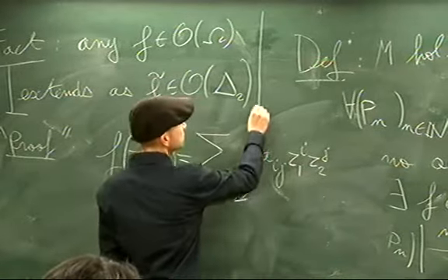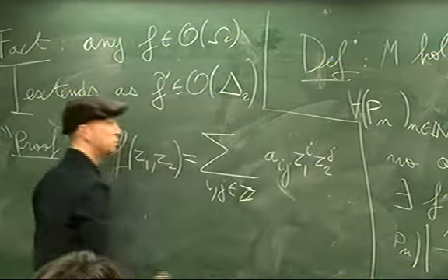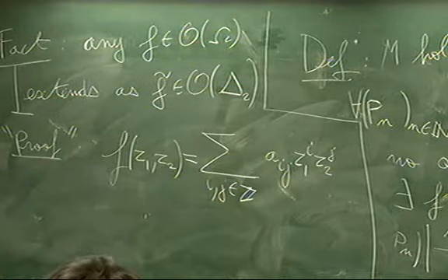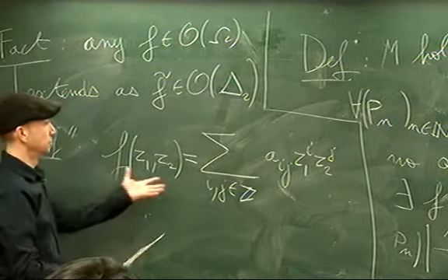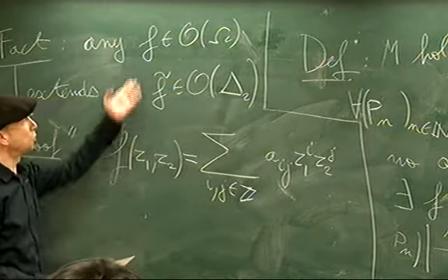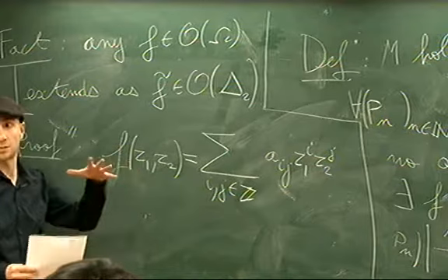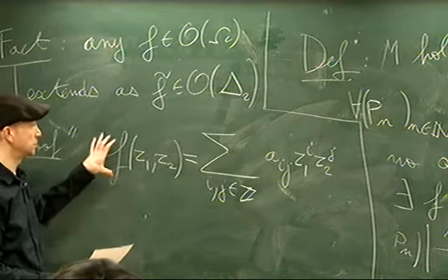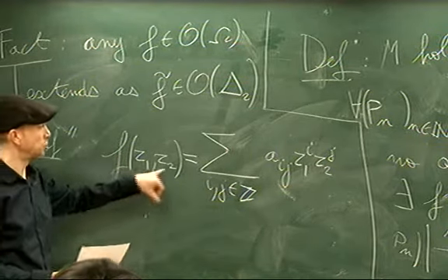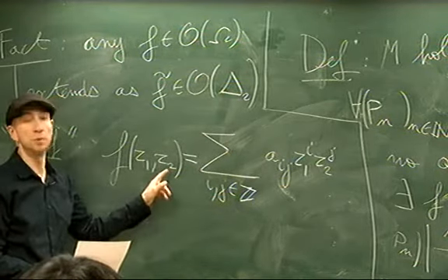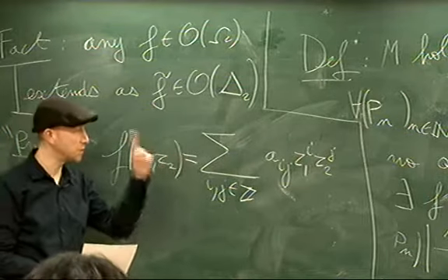It's like a power series, but we allow negative exponents as well. It's called a Laurent series. And it is not difficult to see that a holomorphic function on omega can be written globally as this Laurent series. So this way to write the function is valid for every z1, z2 in omega simultaneously. It's one series for everybody.